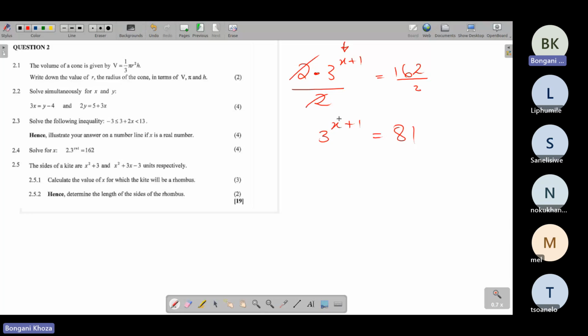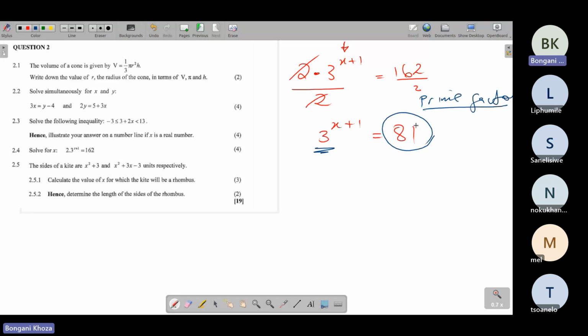Next, we try to change this 81 to have the same base as 3. To do that, we use what we call prime factors.